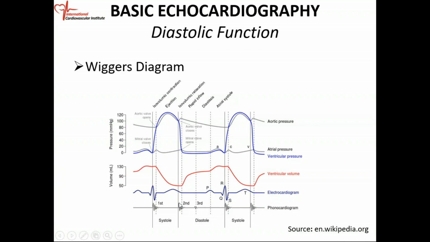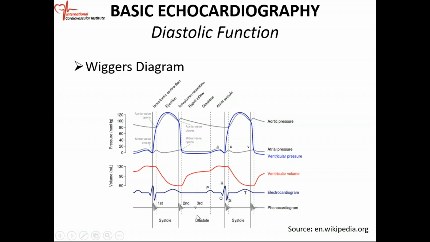When the aortic valve closes, you're not going to hear the mitral valve open, but you have an IVRT. We'll talk about the IVRT. It's a short period of time before the mitral valve opens. The mitral valve opens, then the mitral valve closes. So all of this period is your diastolic period.